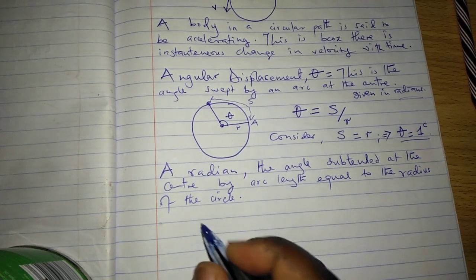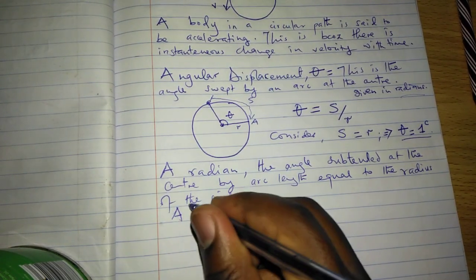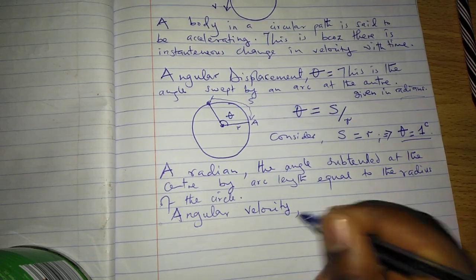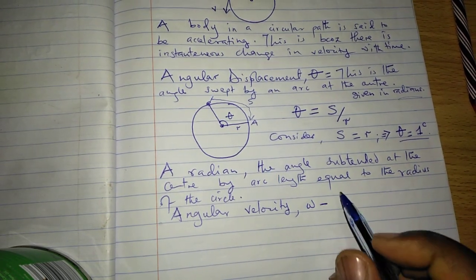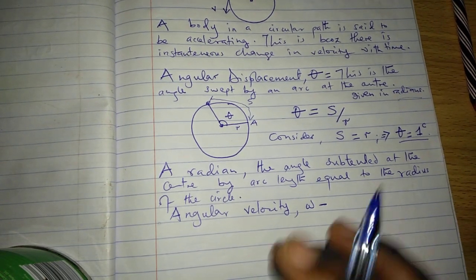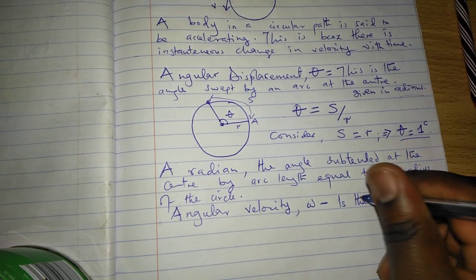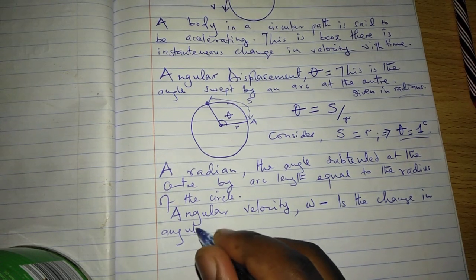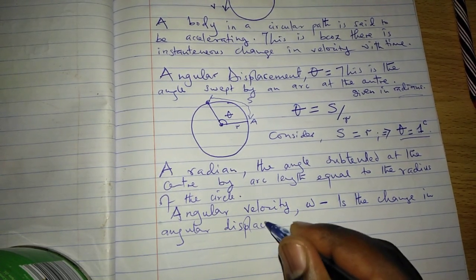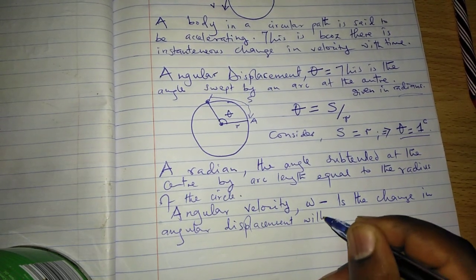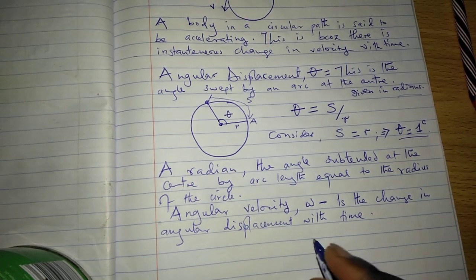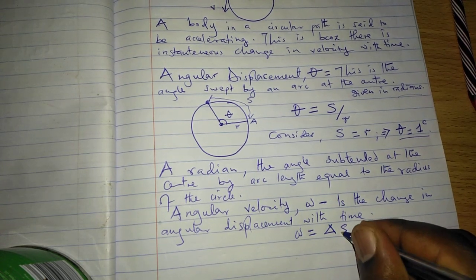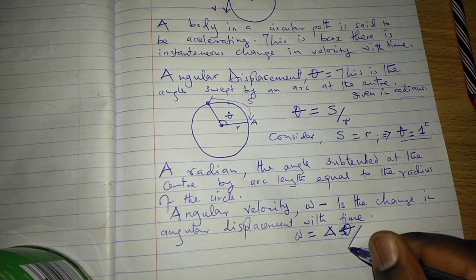So now we can look at angular velocity. It's abbreviated by the Greek letter omega, which just looks like a twisted W. So angular velocity is the change in angular displacement with time, such that omega is given by the change in angular displacement, which is theta, with time.